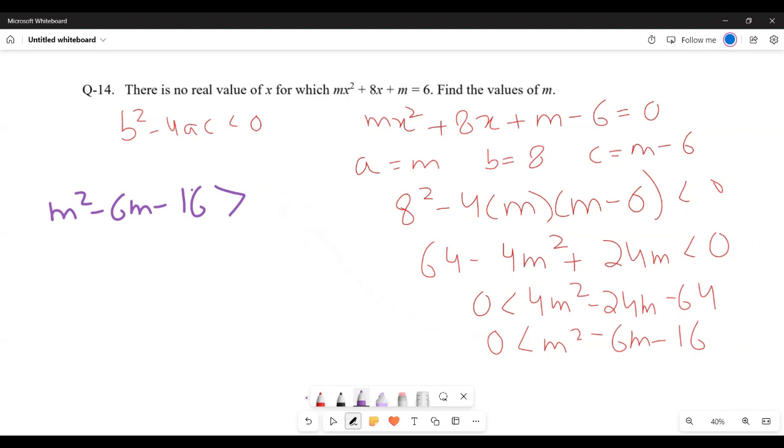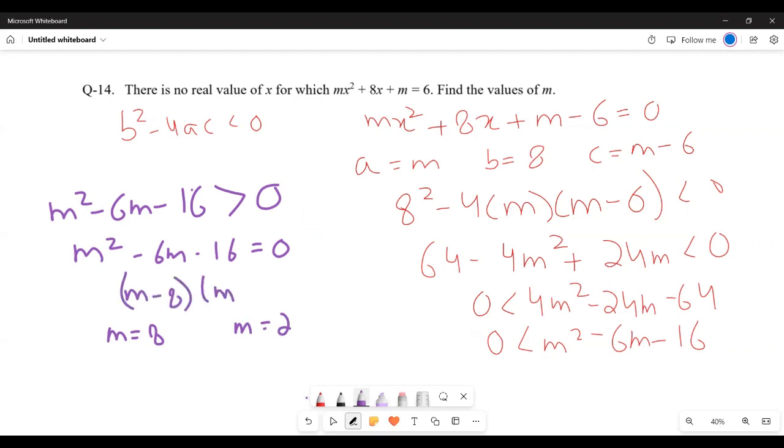When we solve it using equality, this can be further factorized. The answers would be m equals 8, m equals minus 2. One step back, m minus 8, m plus 2 equals 0.